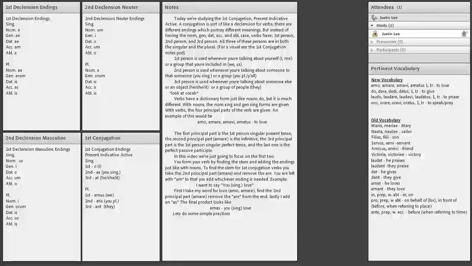The first person is used whenever you're talking about yourself, I or me, or a group that you're included in, which would be we or us. The second person is used when you're talking to someone about that someone. So you singular. So you need to go get some ice cream, or you need to go to the store.